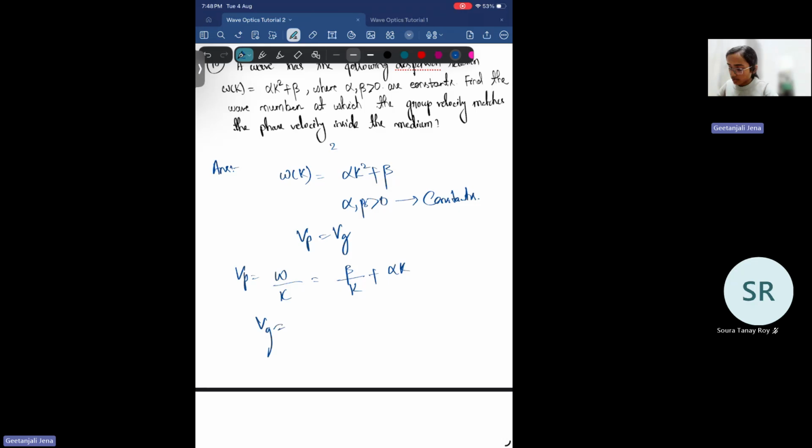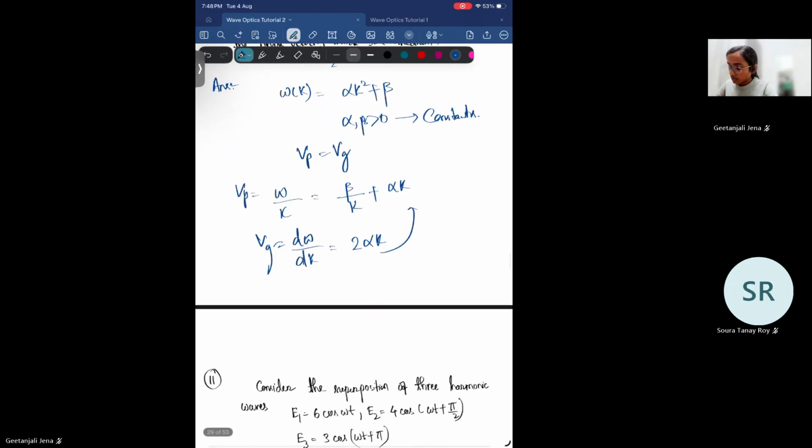And group velocity is d omega dk, which will be 2 alpha k. So these are equal. That means 2 alpha k is alpha k plus beta by k. So alpha k is beta by k. So k will be square root of beta by alpha.